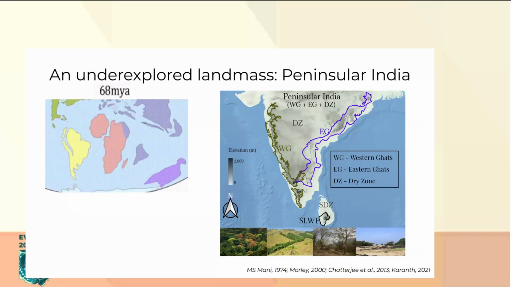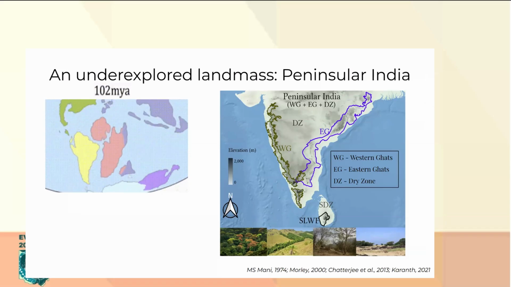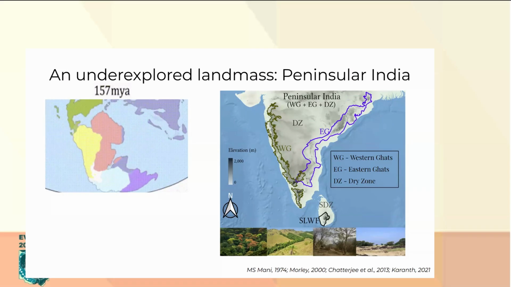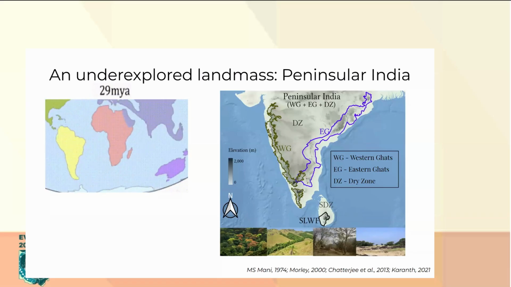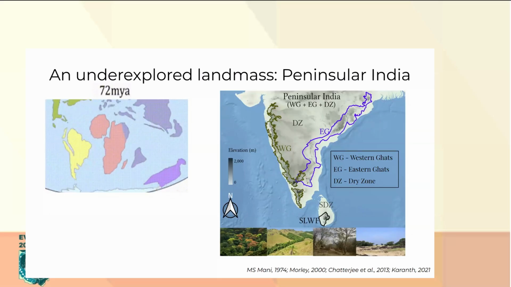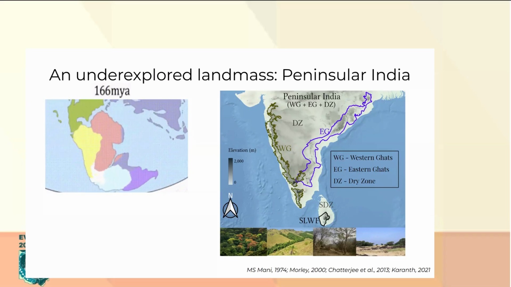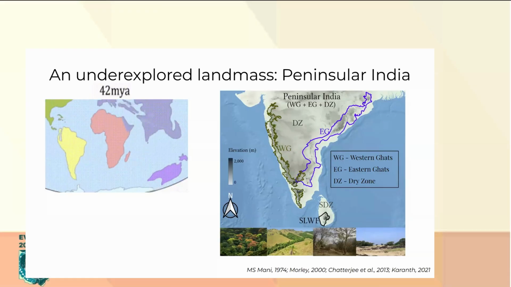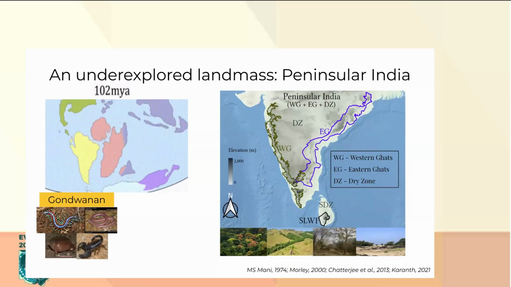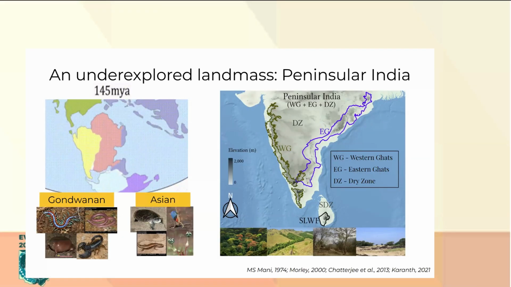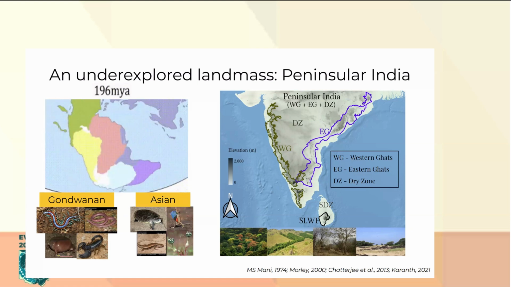And interestingly, India also has had a complex geological past, where it was a part of the Gondwanaland supercontinent. It drifted in isolation for over 50 million years, and then it finally collided with the Asian landmass. And because of which we have organisms of varying biotic affinities. We have Gondwanan organisms and we have Asian biota as well.